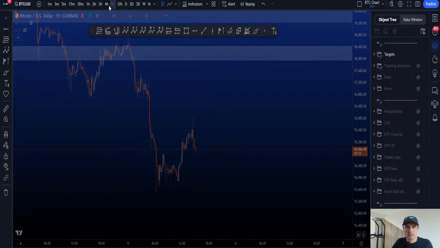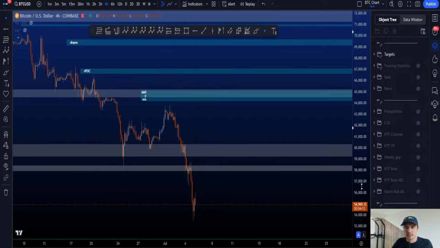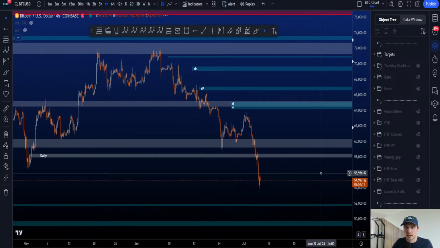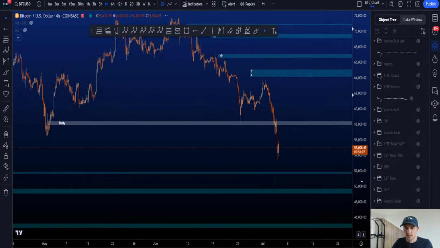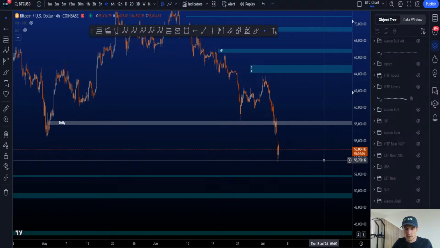Okay, let's just move to a 4-hour time frame. Zoom out here. Oh yeah, I have 2 folders open. Remove this. Let me put the daily naked point of control on the chart that I don't have, that was mentioned yesterday. I'm going to show you how I find my point of controls, which probably is interesting to some of you.